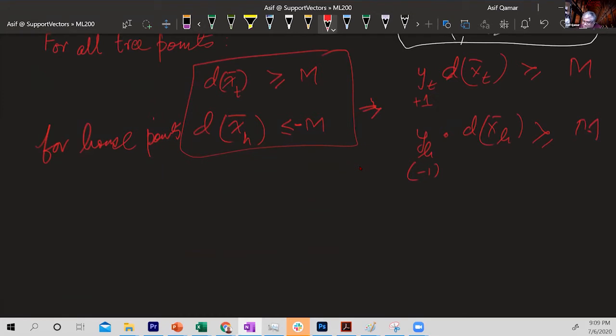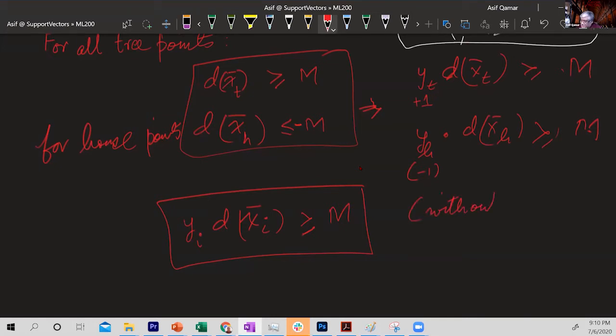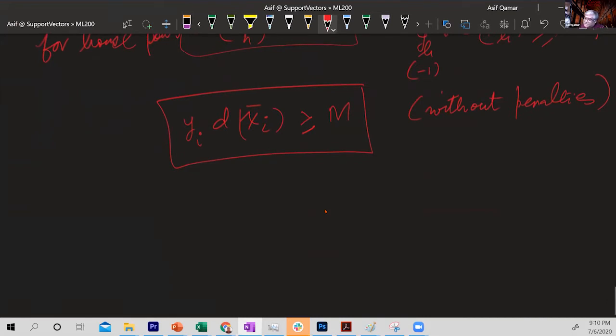So you can write a simpler equation: for all points in the data, you want to find that decision boundary such that, irrespective of whether it is a house point or a tree point, this constraint is fulfilled. These two become exactly the same equation. So this is our next constraint, without penalties.